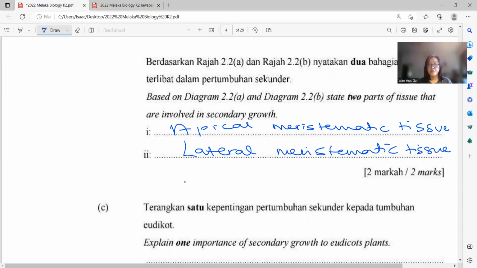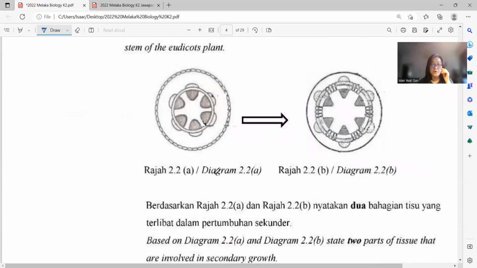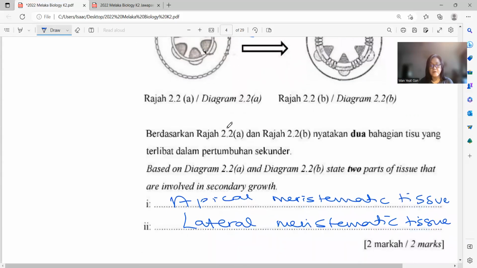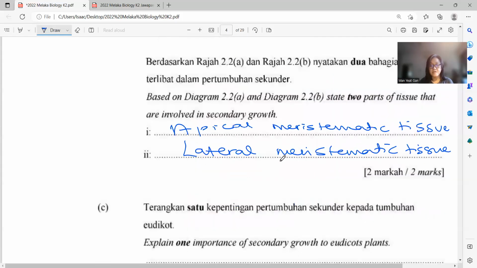Okay, so here the lateral meristematic tissue is the vascular cambium. And then you have one more here, which is the cork cambium. Okay, these two are for the lateral meristematic tissue. Apical meristematic tissues are found at the root tip and the shoot tip.